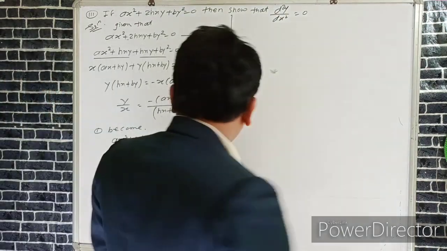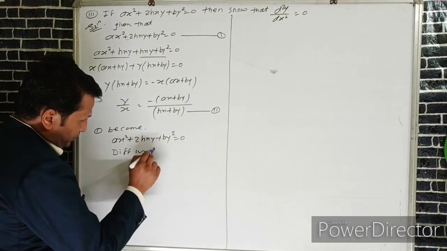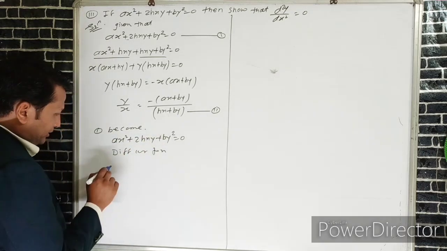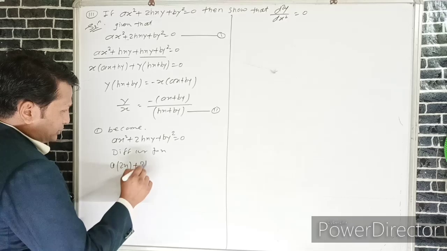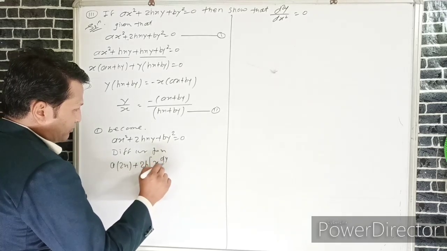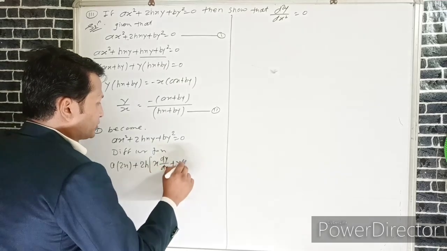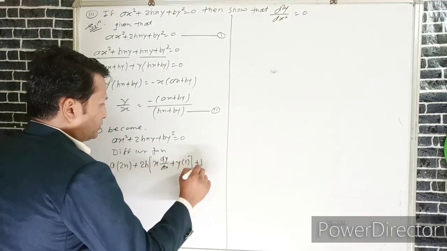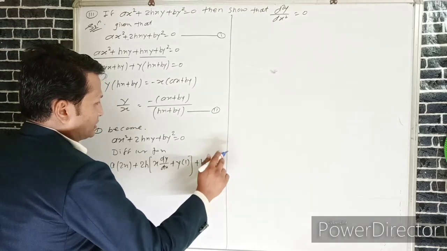Here, if we differentiate this function with respect to x, we can write the derivative of x square is 2x. 2h is a constant, so we take x into the derivative of y, which is dy by dx, plus y into the derivative of x, which is 1, plus b into the derivative of y square, 2y into dy by dx, equals 0.